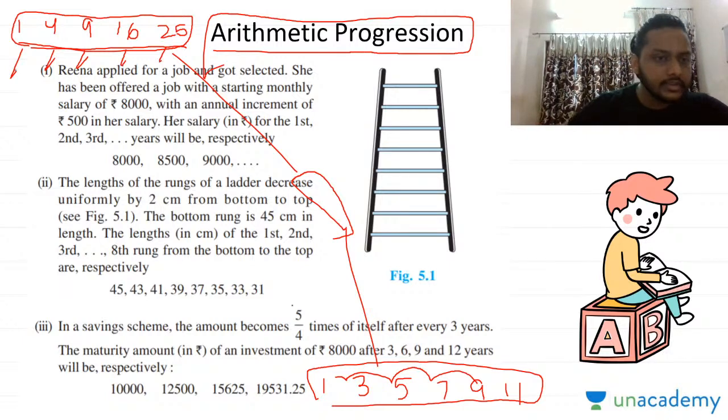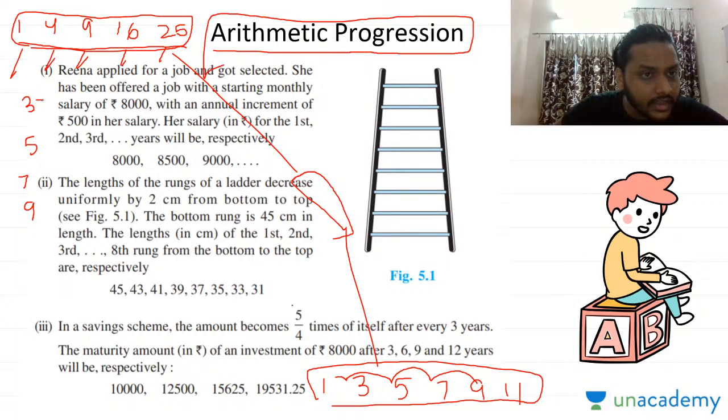The difference between the second term and the first term is 3. Clear? Similarly, the difference between the third term and the second term is 5. The difference between the fourth term and the third term is 7. Then the difference is 9. So if you see, the difference is increasing. First 3, then 5, then 7, and then 9. Getting my point?